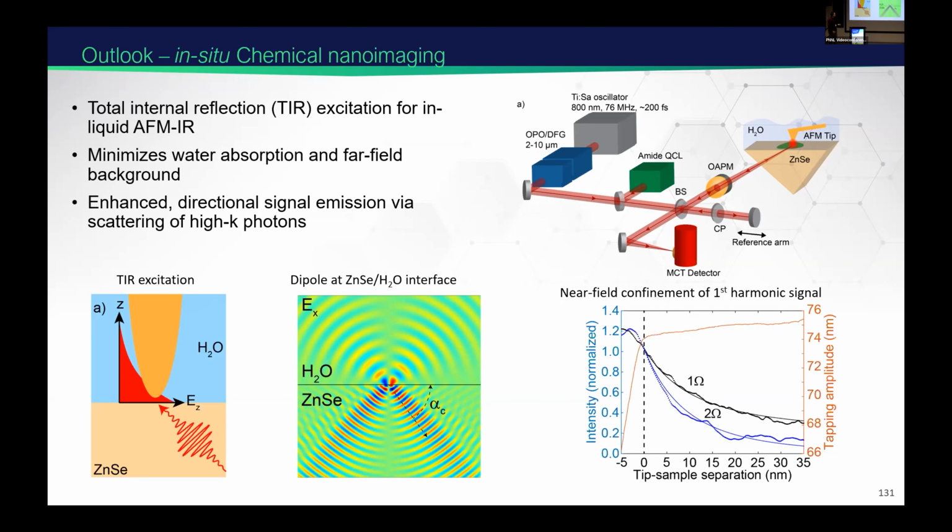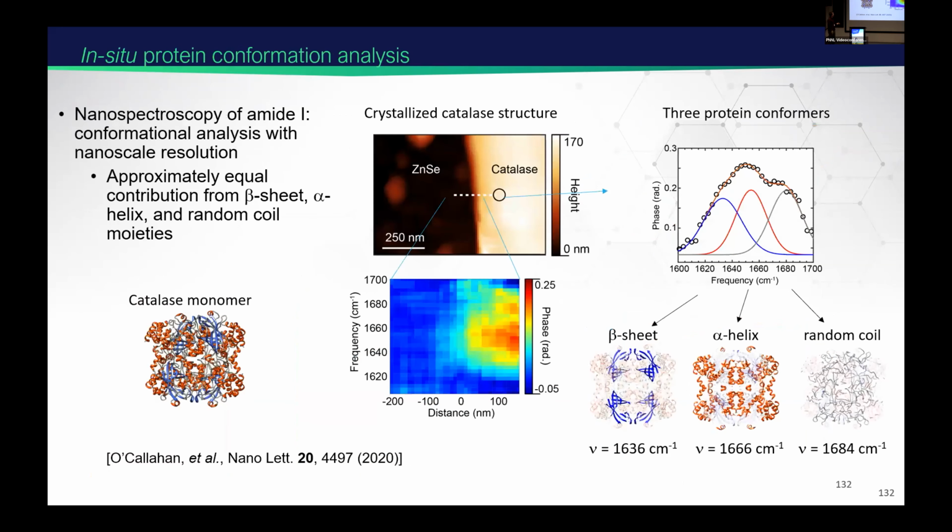And the geometry gets around the strong water absorption and a lot of background contributions by illuminating from below, and can get us a way to measure this with high resolution and in liquid.